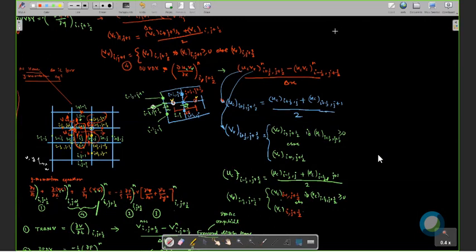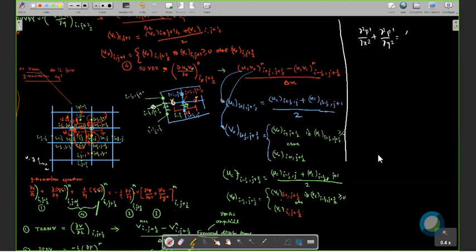So we'll do it next for the pressure Poisson equation. Your pressure Poisson equation was del 2 p prime by del x square plus del 2 p prime by del y square is equal to a velocity term, and those were star velocities.